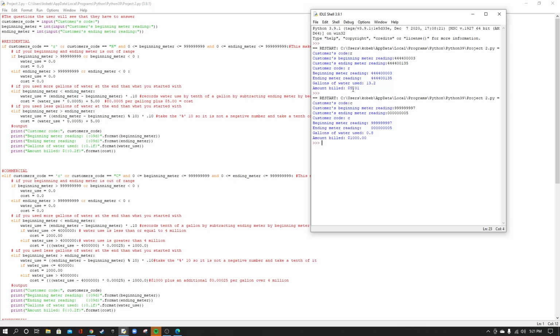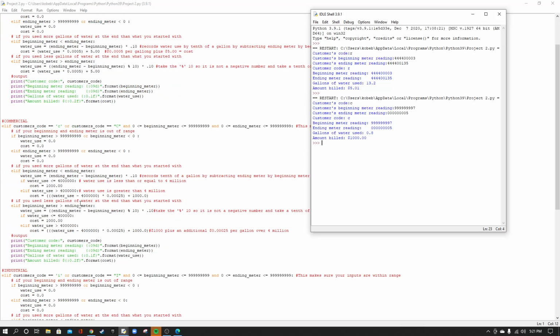It'll print out the same thing, except it'll print out our inputs, and the gallons of water is 0.8, and our amount billed is $1,000. Because for our commercial, the flat rate is 1,000 if our water use is less than 4 million, and that's the case that we had, which then it's just a flat rate of 1,000.